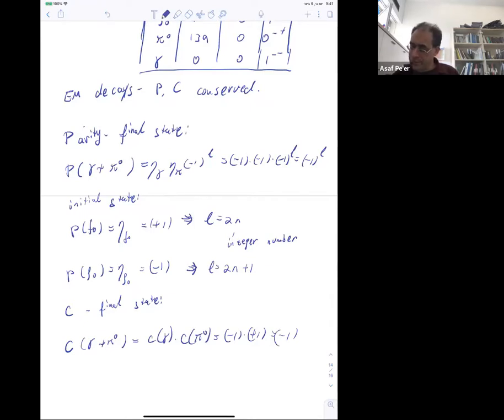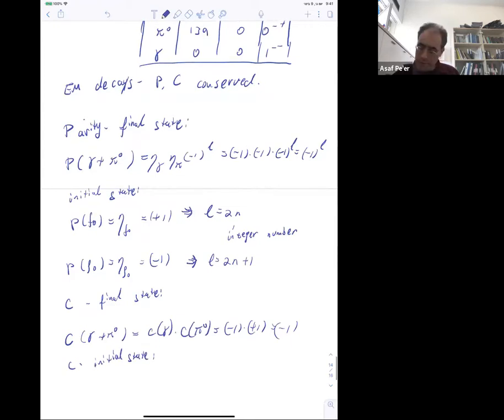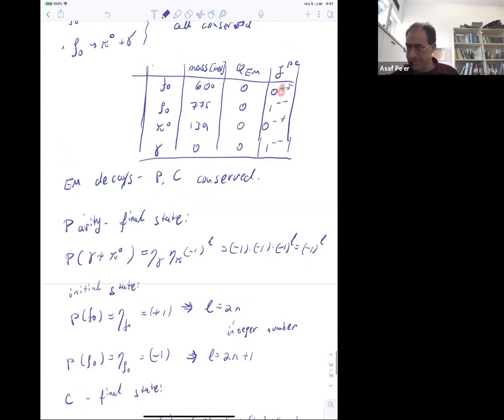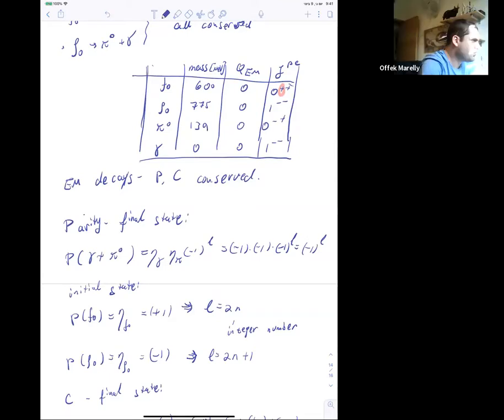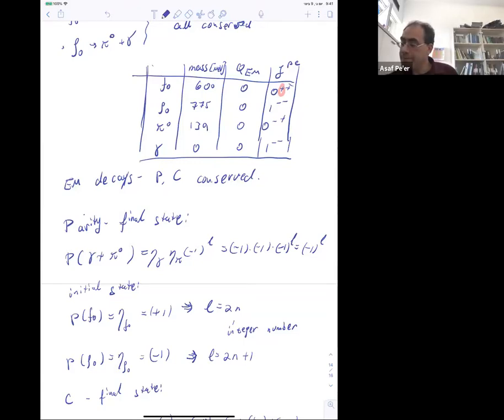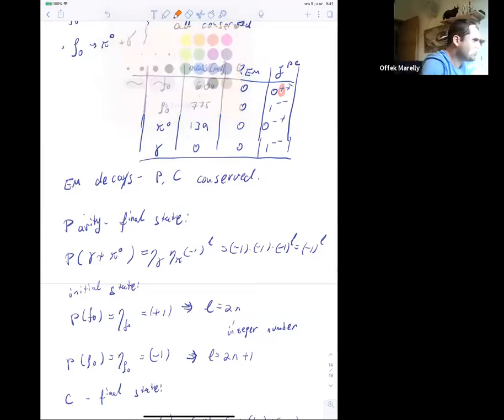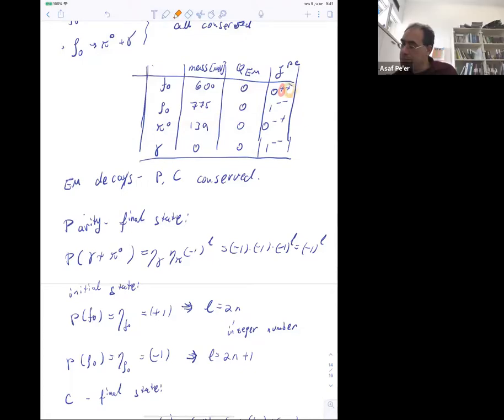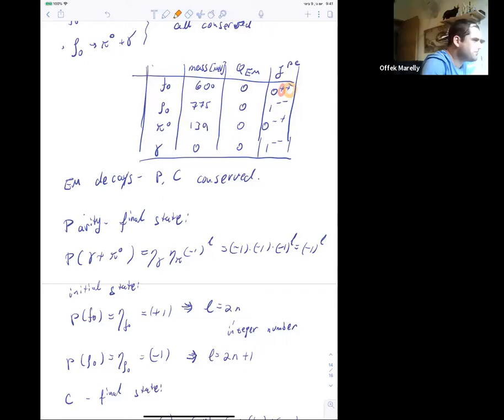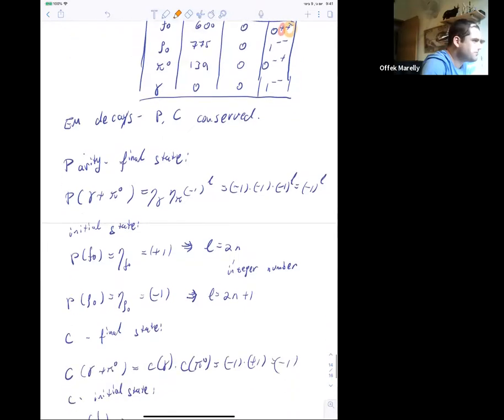Right? What is C of the initial state? What is C of the F0? It's a plus 1.